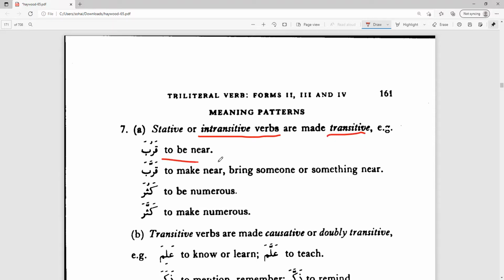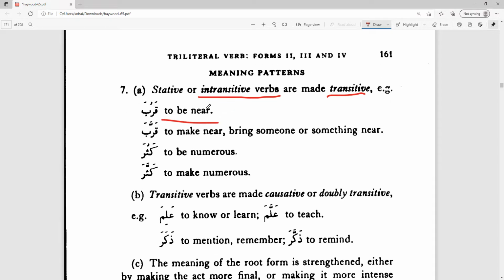So qaruba is to be near, so you don't need any object for that. You just say qarubtu, I was near, for example. You don't need any object. And then when you put it on the scale of qarraba, which is the second form, it makes it causative or transitive. So it becomes to make near, bring somebody or something near.